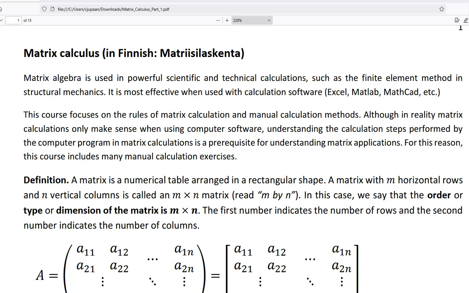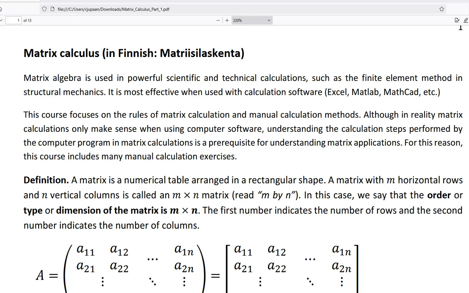I opened the PDF file which you may find from the Moodle, which is part 1 of the matrix calculus, and I will go some concepts through with this PDF file.